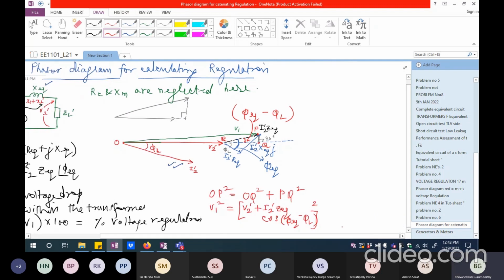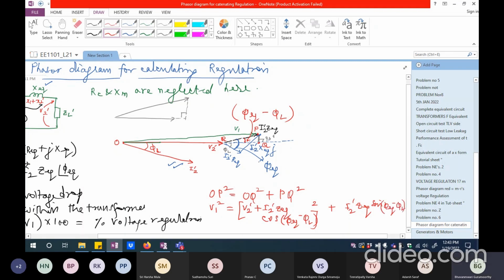And PQ square is the opposite side of the same triangle PRQ, so that is I2 dash Z equivalent multiplied by sine of phi equivalent minus phi L.